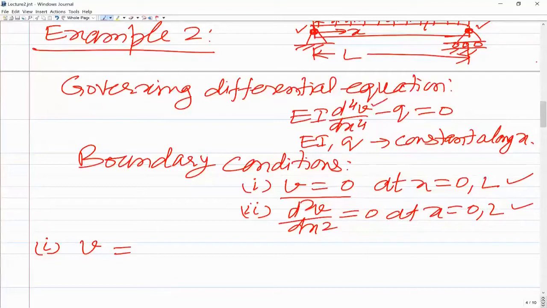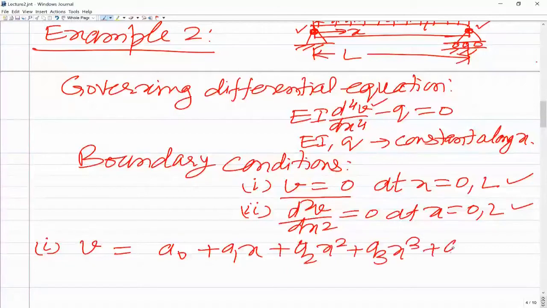So if we want to assume an approximate solution which is differentiable four times, it should have terms up to at least x power 4. So the solution would be like a0 plus a1x plus a2x square plus a3x cube plus a4x power 4. So that's the minimum.